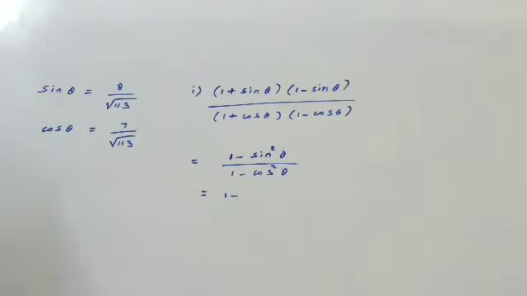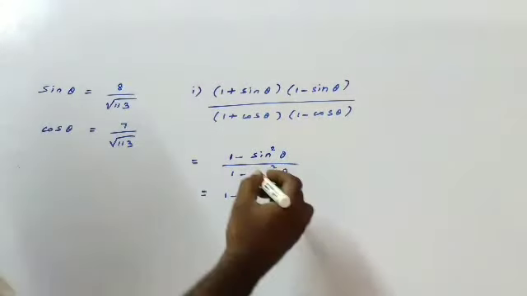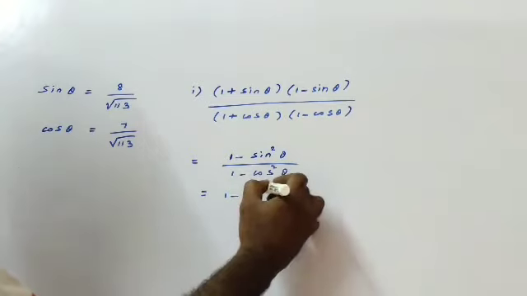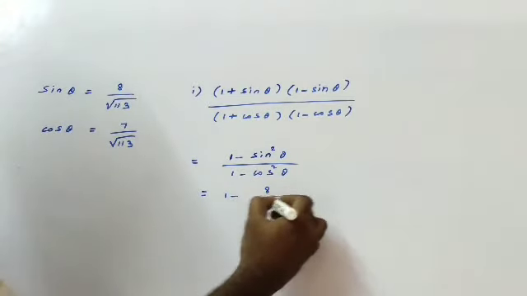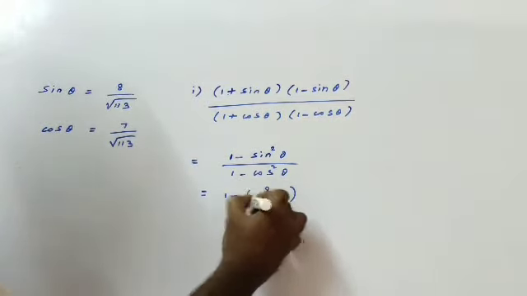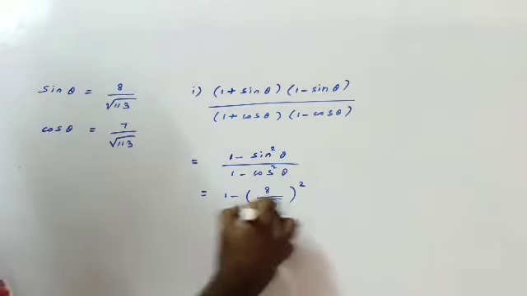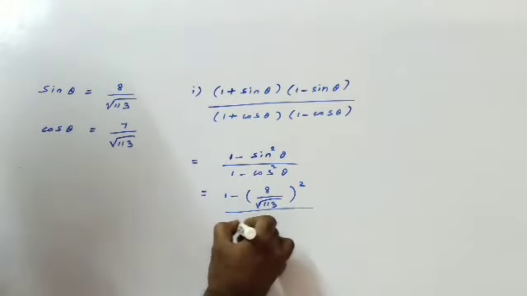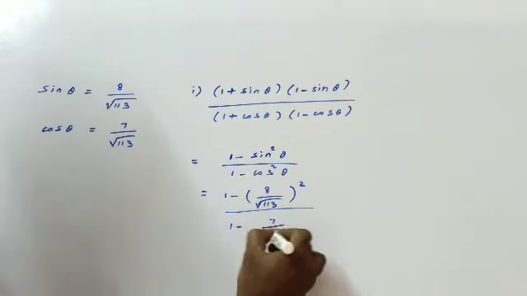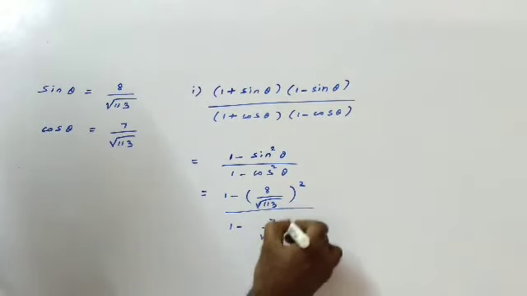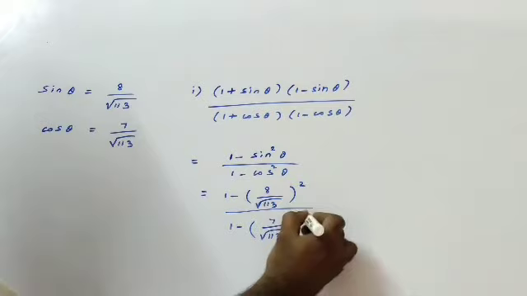Now the value of sin theta is 8 by root of 113, so write (8 by root of 113) whole square, divided by 1 minus (7 by root of 113) whole square.